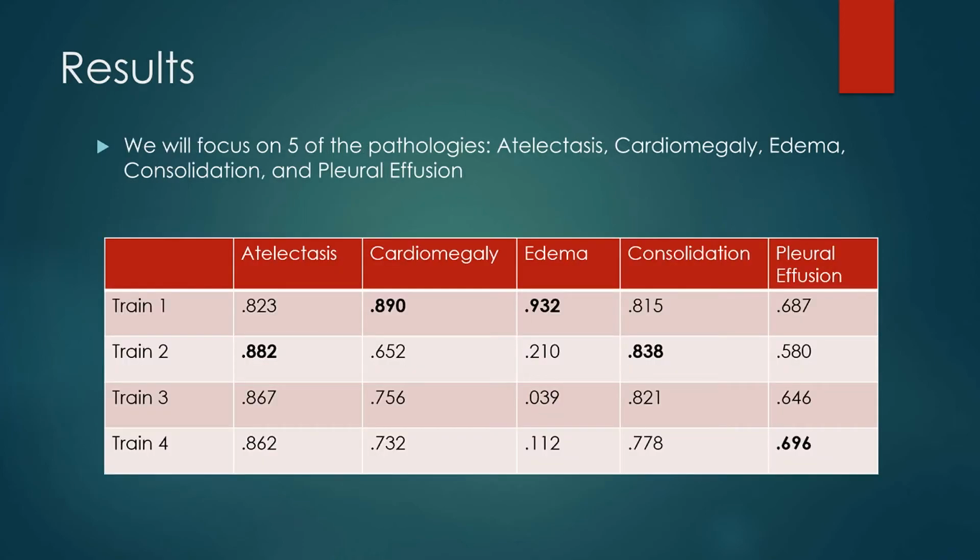So if we look at our results, these scores we see are the area under curve, and we are focusing on these 5 diseases because these are the 5 diseases that are focused on in the CheXpert competition. As you look through these trainings, our first training is based on a data hierarchy that is represented within the data.